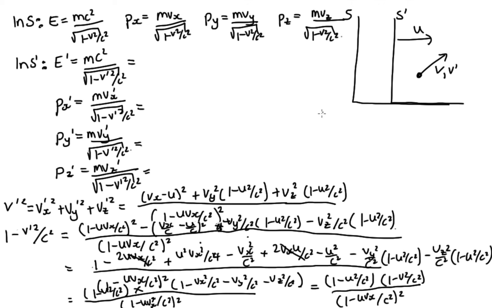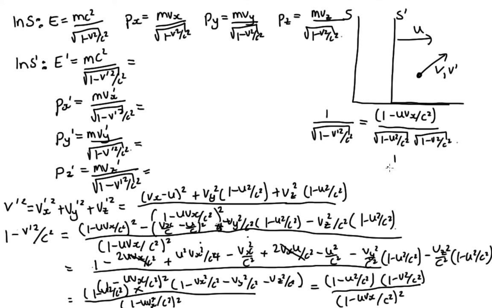So we can see that 1 over the square root of 1 minus v prime squared on c squared is just going to be the square root of this inverted. So we will have 1 minus u vx on c squared over the square root of 1 minus u squared on c squared, square root of 1 minus v squared on c squared.